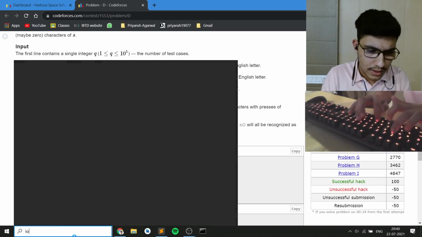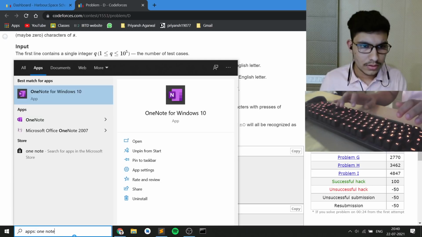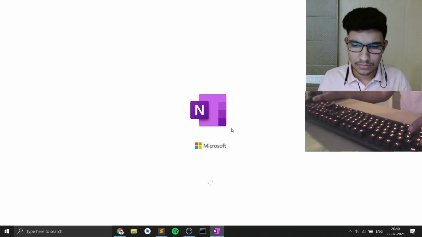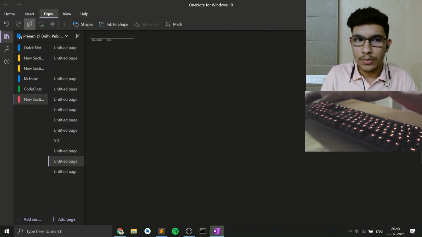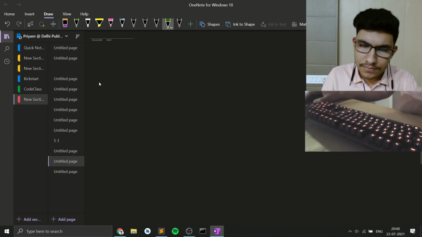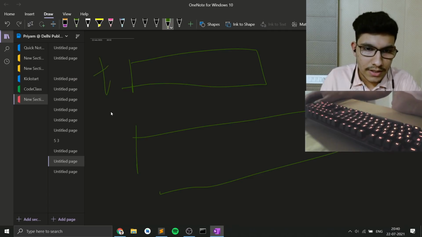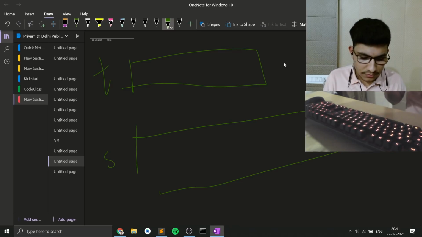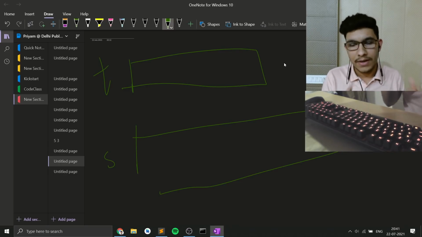So we can look at this problem in a completely different way. Instead of going from S to T, if I can go from T to S, that would also be the same thing. So here I have the string T and here I have the string S, and I start from the back. Whenever I'm removing characters, I can only remove them in pairs.